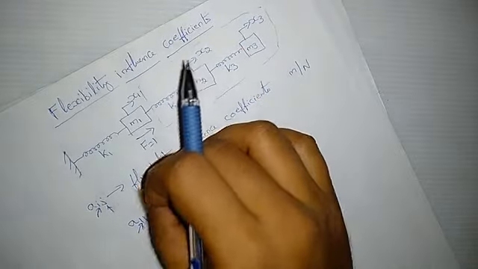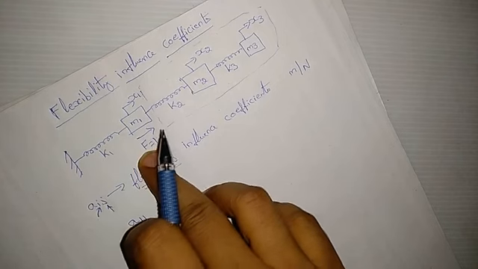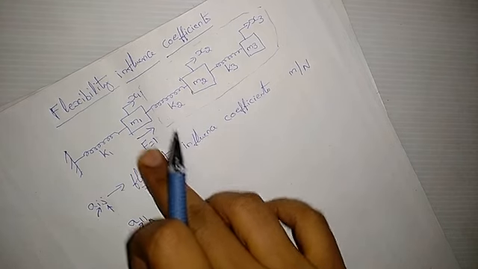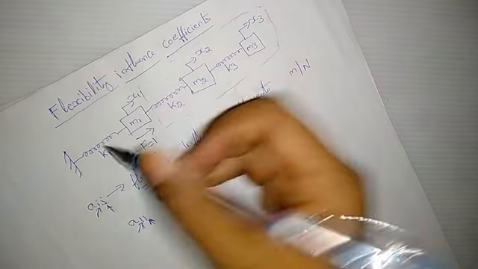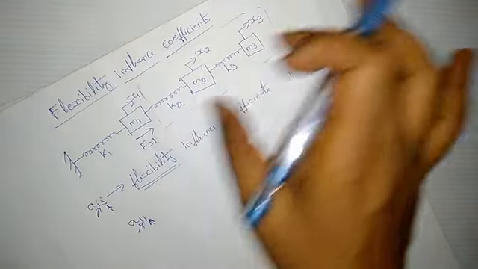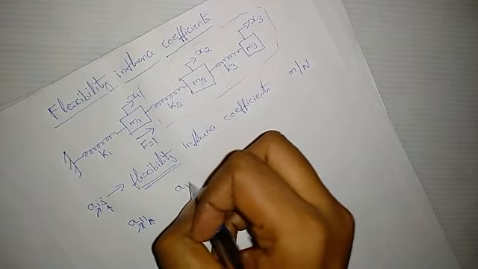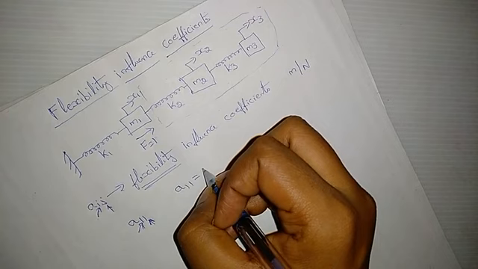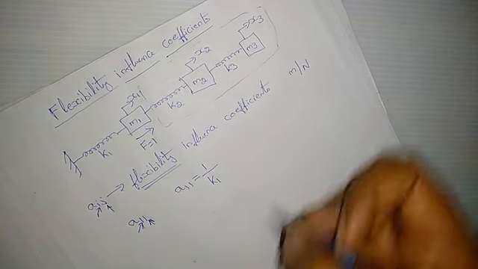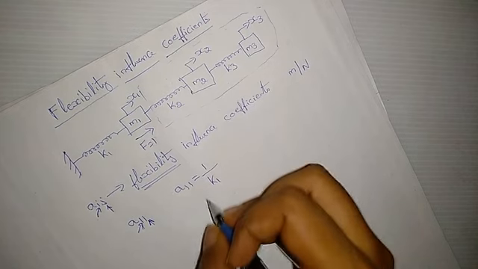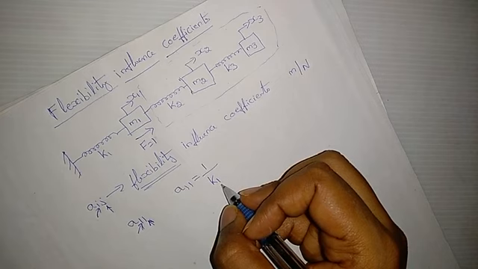Only this spring stretches because of the unit force applied at this point, and this whole thing moves. So what will be A11? It will be equal to 1 divided by K1. So it is nothing but the inverse of the stiffness. Flexibility is the inverse of stiffness.